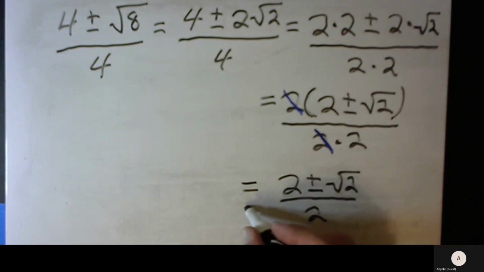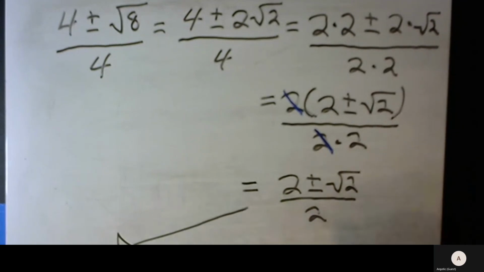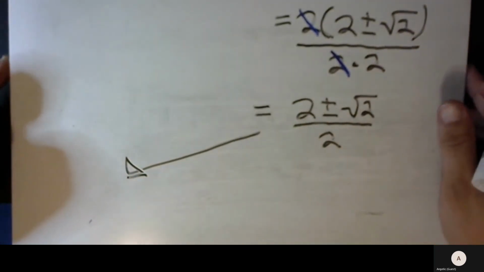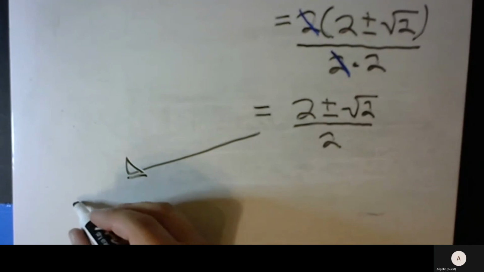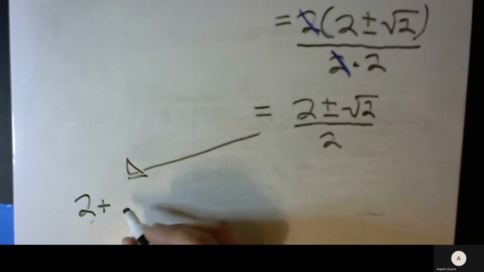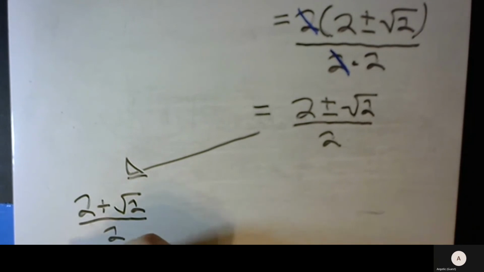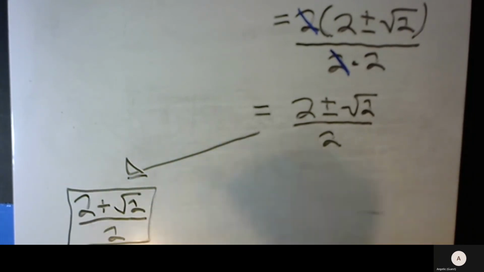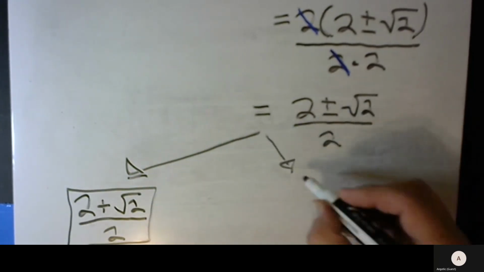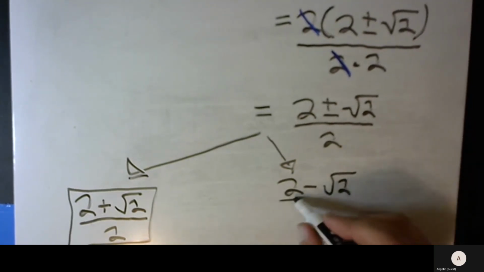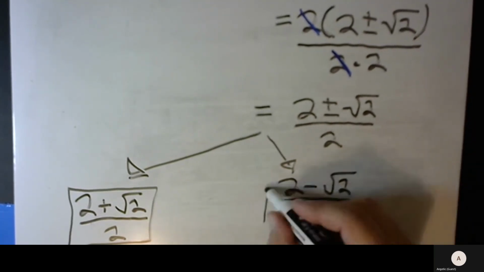So again, we're going to get 2 answers. 2 plus square root 2 over 2. 2 minus square root 2 over 2.